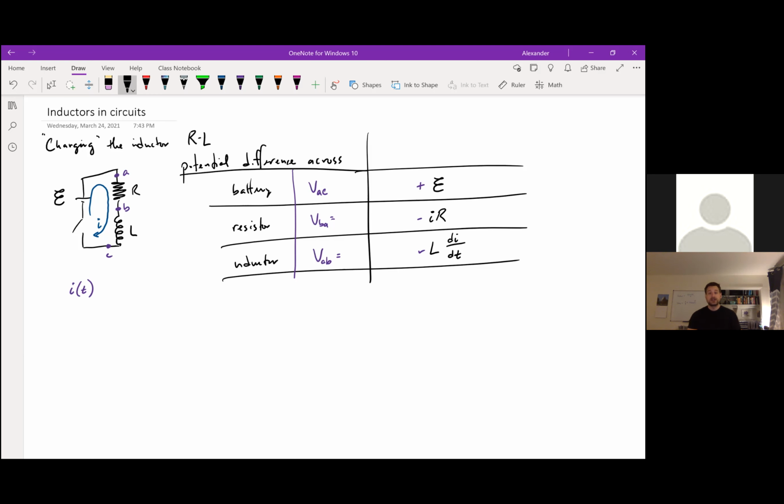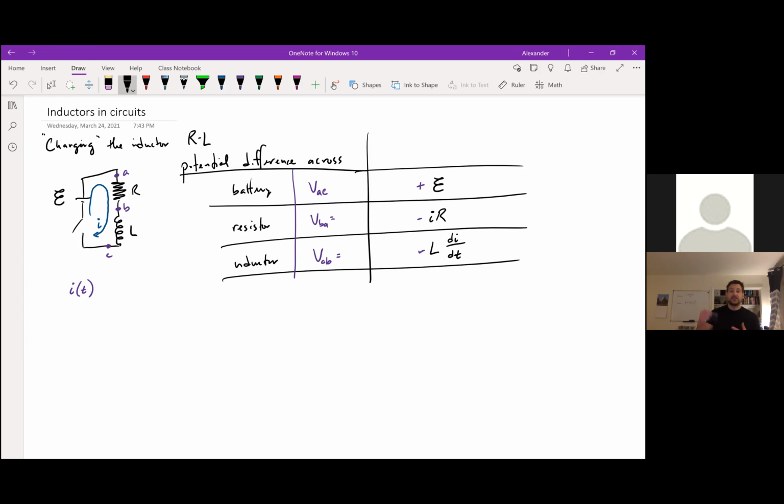So in the current direction, in the Kirchhoff loop rule direction, we would represent that potential difference as a negative voltage. The voltage across a resistor is just the instantaneous current times the resistance.